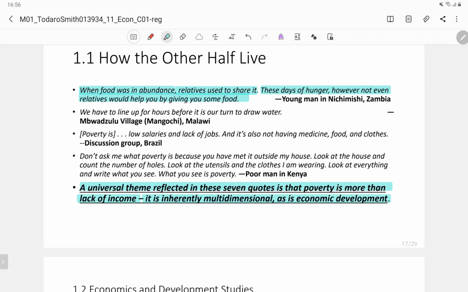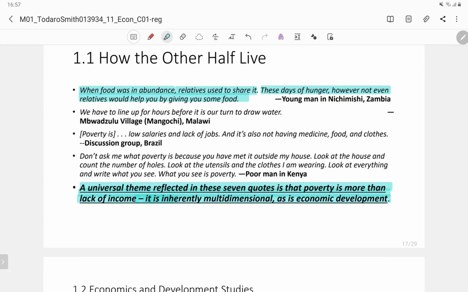We might assume that being poor is all about not having enough money or income. Well, it's not only that, because poverty is an inherently multidimensional problem, and so is economic development.